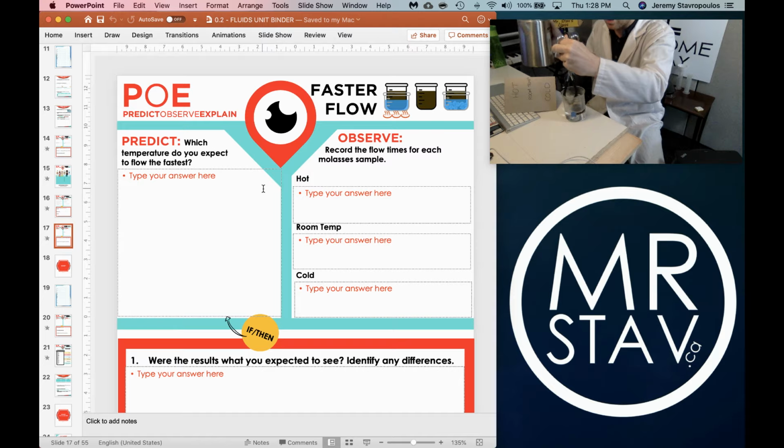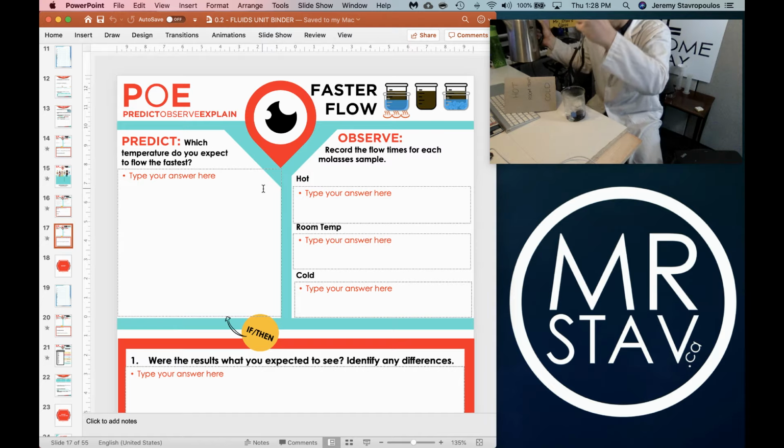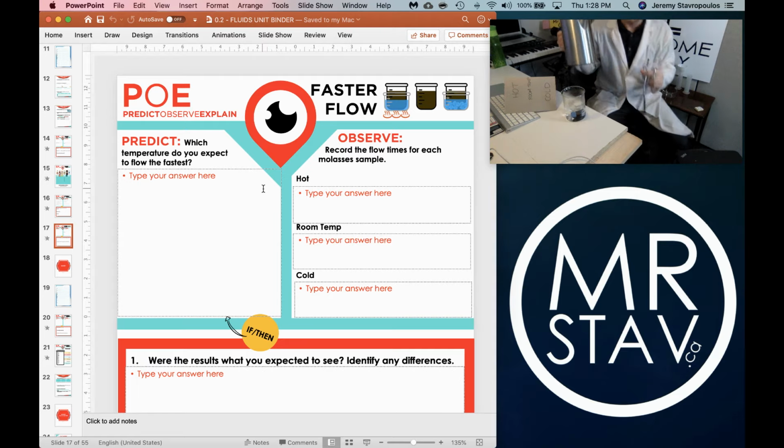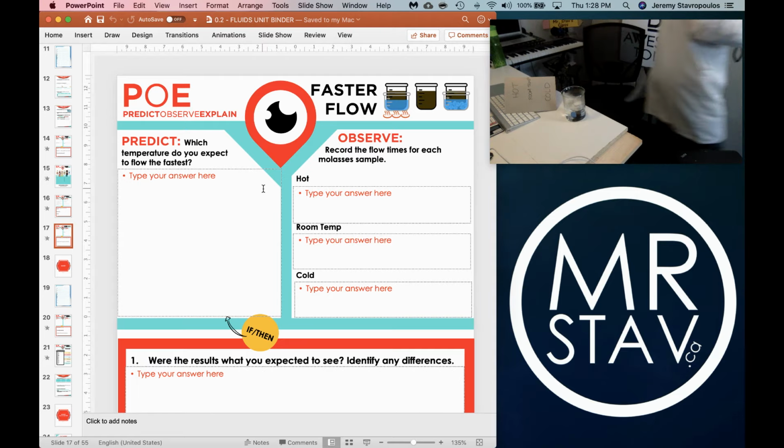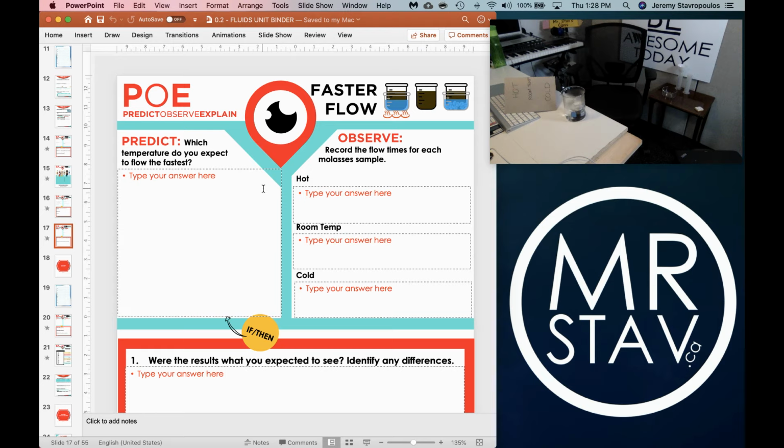You can see, I don't know if you can see on your computer, the steam that's coming off. We have regular molasses in a smaller beaker, and the bigger beaker is full of hot water.